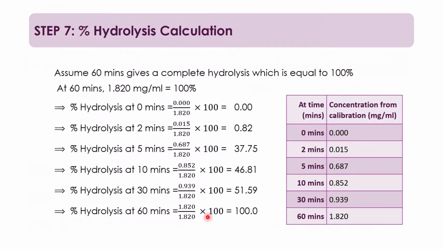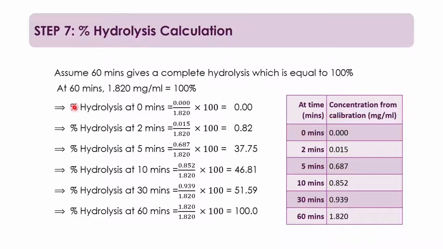So the next step is to calculate the percentage hydrolysis, and we do this by assuming that 60 minutes gives a complete hydrolysis, which is equal to 100%. From the table, we can say that at 60 minutes, the extrapolated glucose concentration is 1.820, and this concentration is equal to 100%.